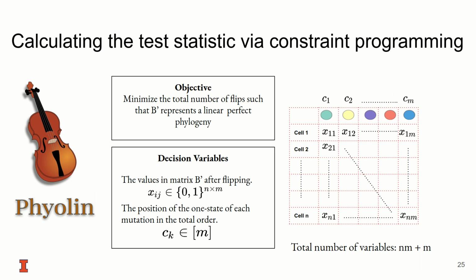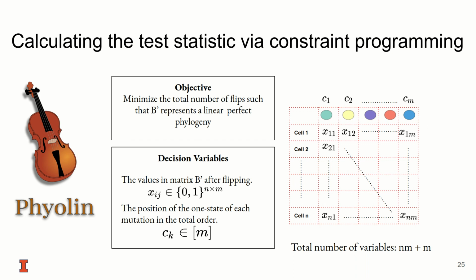To solve the linear perfect phylogeny flipping problem, we developed a method named Phyolin, using constraint programming to help us calculate the test statistic. Our objective is to find the minimum number of bit flips so that the output matrix B prime represents a linear perfect phylogeny.